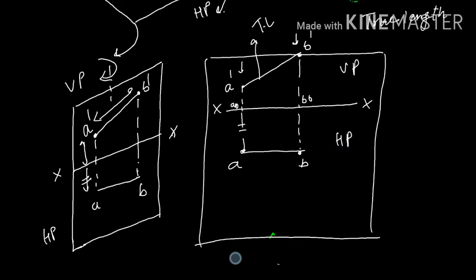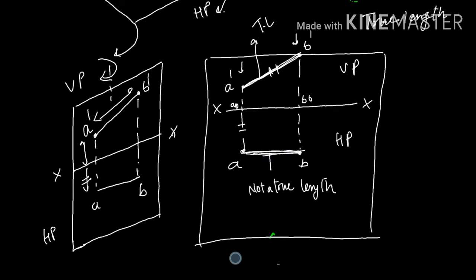True length means the actual length of the line which is given. If the actual length of the line is 50 mm, then this would be 50; if 30, this would be 30. This is not a true length, as you can see, this length is smaller than this one.